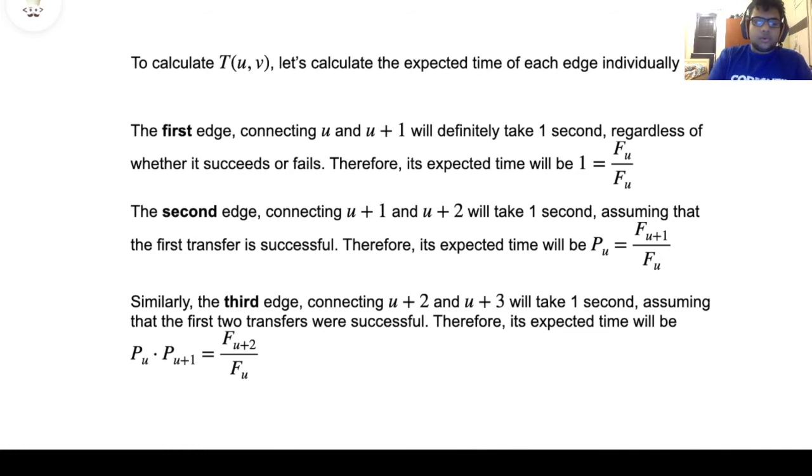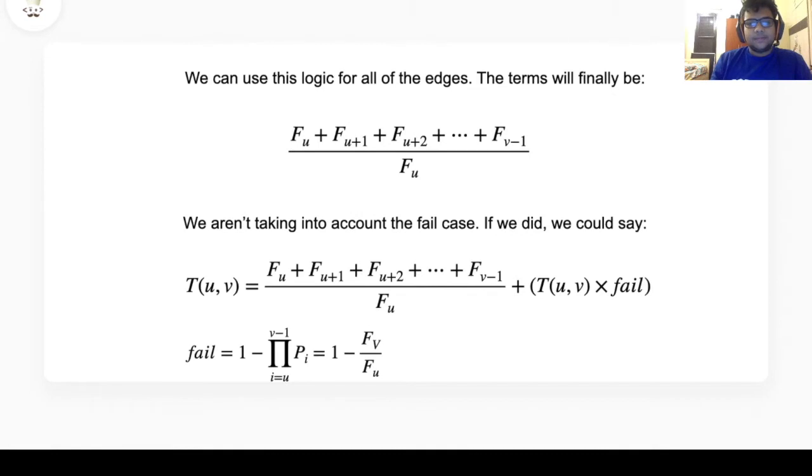So, p of u multiplied by p of u plus 1 is equal to f of u plus 2 upon f of u, setting v as u plus 1. Now, if we keep on expanding this all the way to the v minus uth edge, then we'll get this: f of u plus f of u plus 1 plus f of u plus 2 all the way to f of v minus 1 divided by f of u.